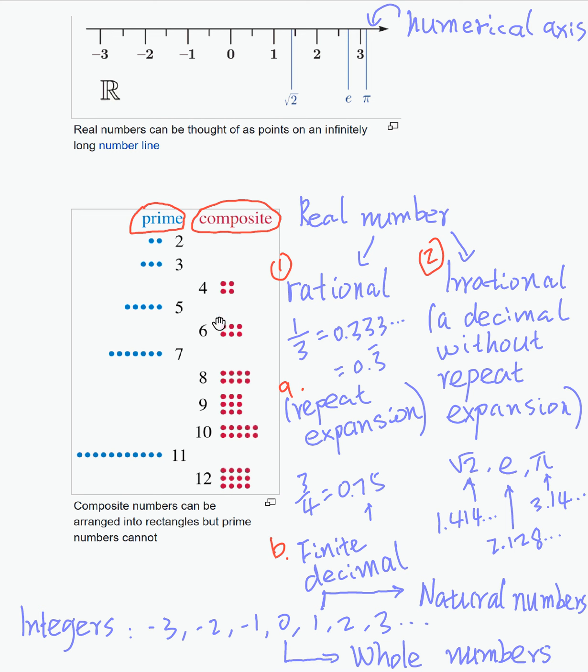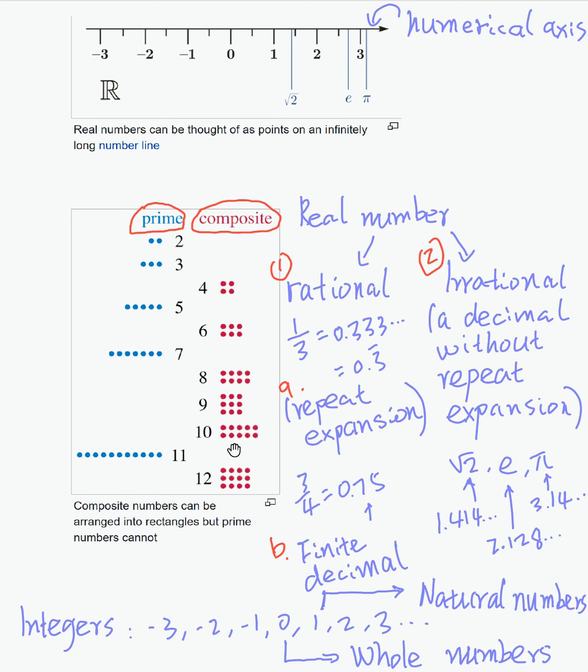They can be arranged into a rectangle. 8, 9, 10, 12, all those numbers can be arranged in a rectangle. Those numbers which cannot be arranged in a rectangle are called prime numbers.